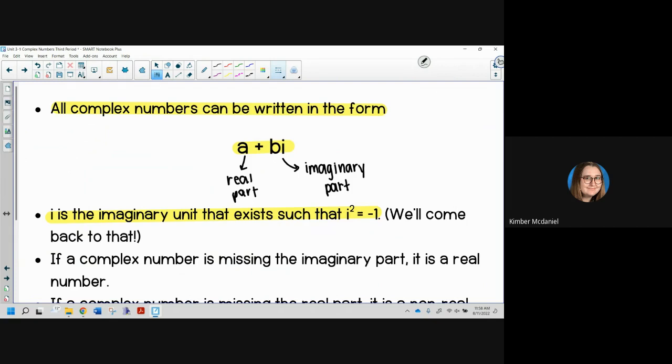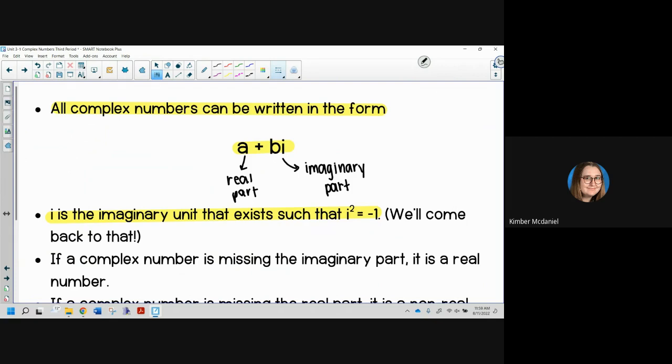Now, if you're looking at that A plus BI and you're like, okay, what does that mean? We have I, we have an imaginary part. I is the imaginary unit that exists such that I squared equals -1. Today, once we get a couple slides in, we're going to start building some key facts that we need to know, and I squared equaling -1 is one of them. And we're going to come back to that.